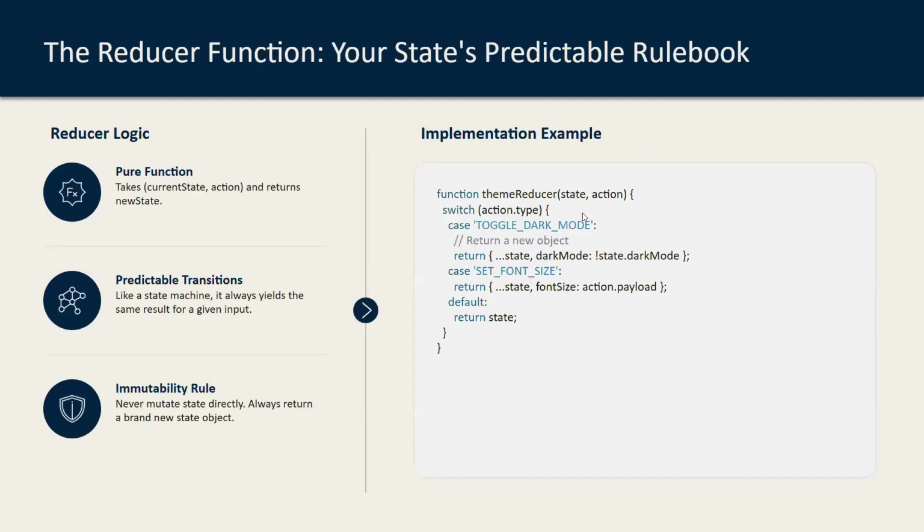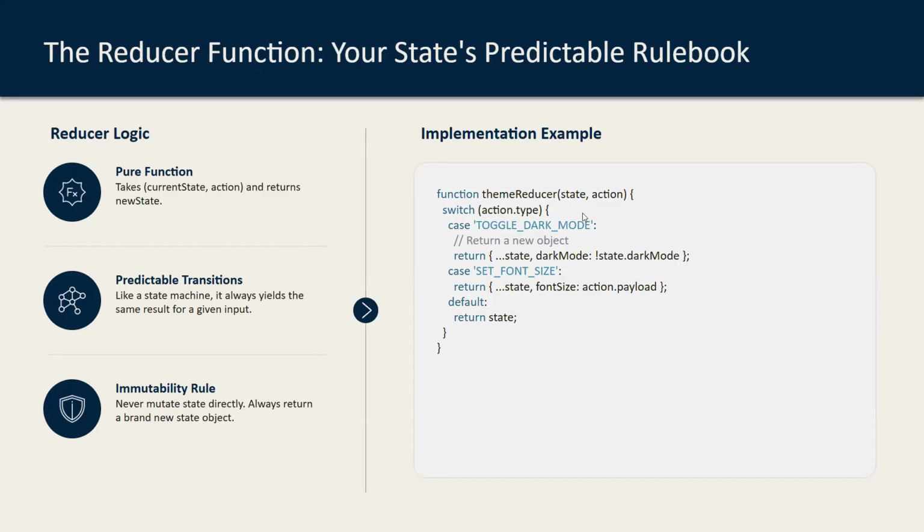Now, let's take a look at the reducer logic that I have been talking about. So what is a reducer? It's nothing but a pure function written in JavaScript, which means that it takes the current state and an action, and it just returns the next state.